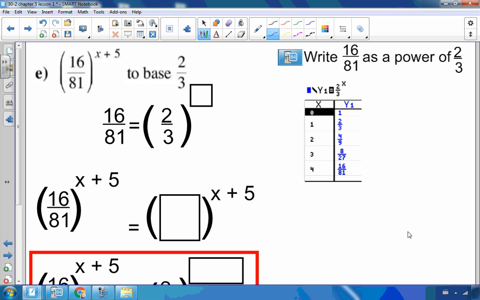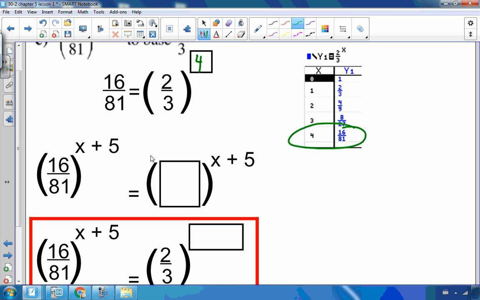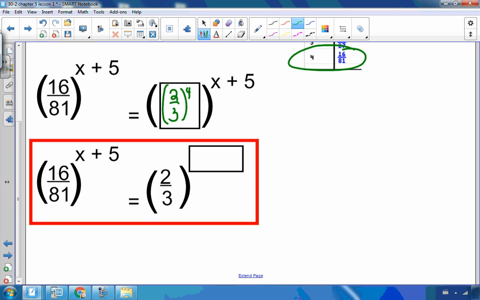I want it to be 16 over 81, so I can see that's to the power of 4. So 16 over 81 is the same as 2/3 to the exponent of 4. So 16 over 81 to the x plus 5 will be the same as 2/3 to the exponent of 4, to the x plus 5. So I'm going to keep my base here, and I'm going to multiply my exponents: 4x plus 20.